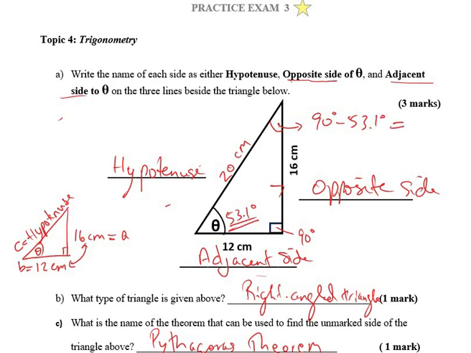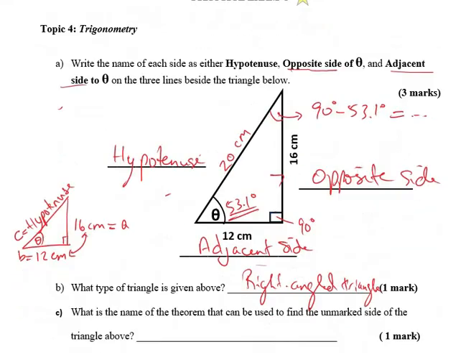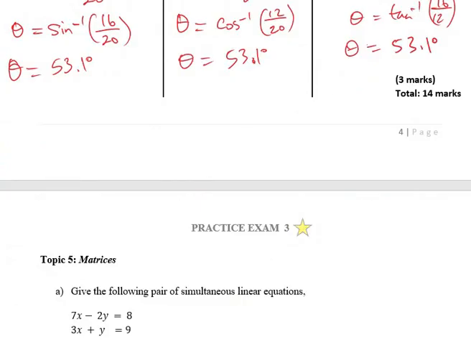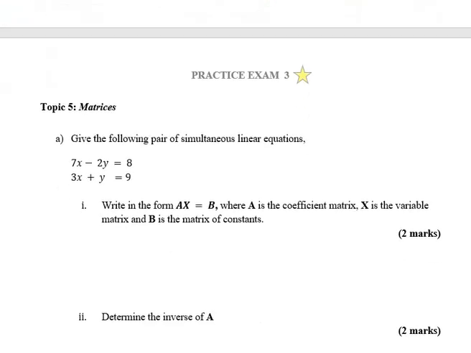But you're not going to be asked that question. Another way to look at it is to add 90 plus 53.1, and whatever the sum is, subtract it from 180. You should get the same answer. The next question we'll be looking at is matrices.